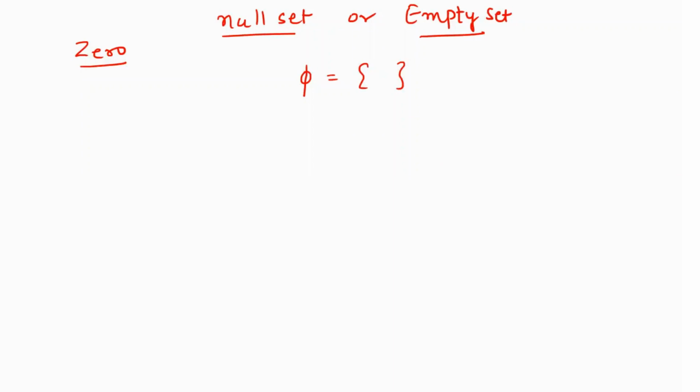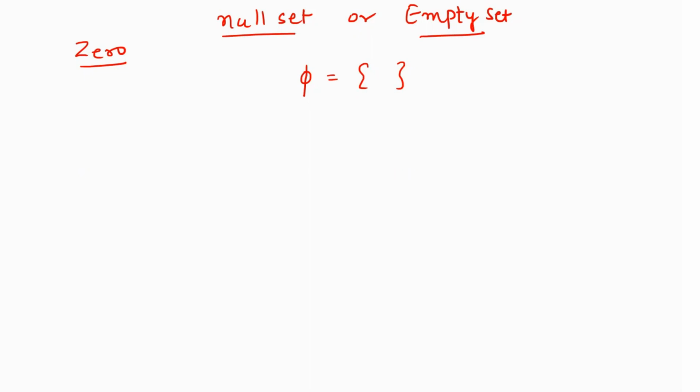Let's suppose in your school, you have grade 4 students and grade 5 students. You have one set of grade 4 students and one set of grade 5 students. Can you find any student who is common to both grades, attending both the grade 4 classes and grade 5 classes? No, it's not possible.